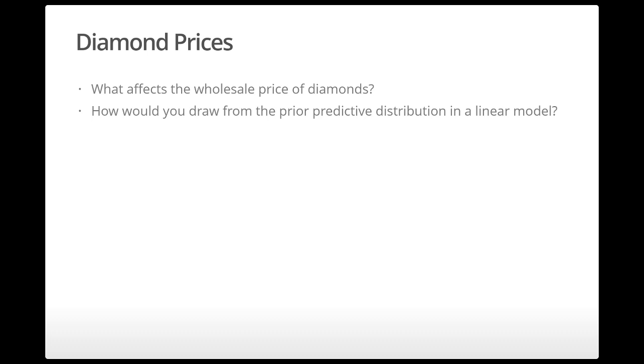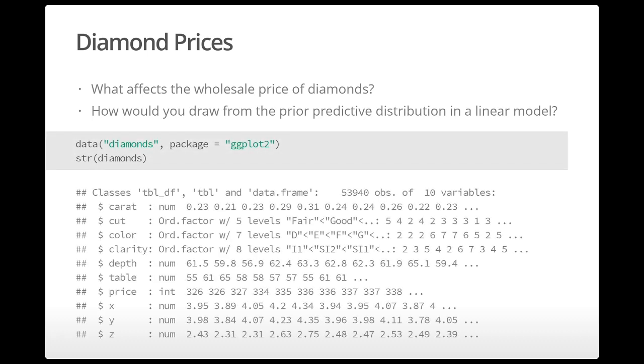But here are the variables we actually have to work with in the diamonds package. It has a whole bunch of these. These are wholesale diamonds. I did mention that. So this is before they actually get to the diamond store. We've got ordered factors for cut and color and clarity and things like that. But basically, once you get beyond a couple of predictors, it's difficult to even think of a comprehensive prior.